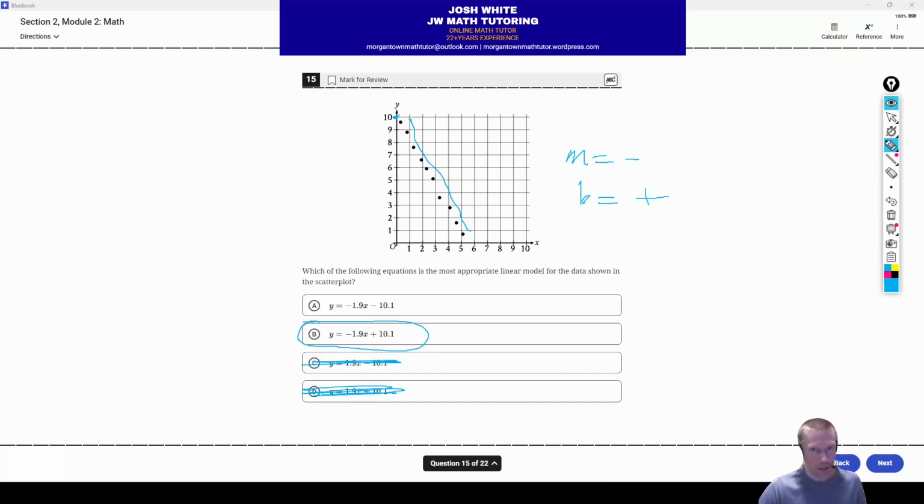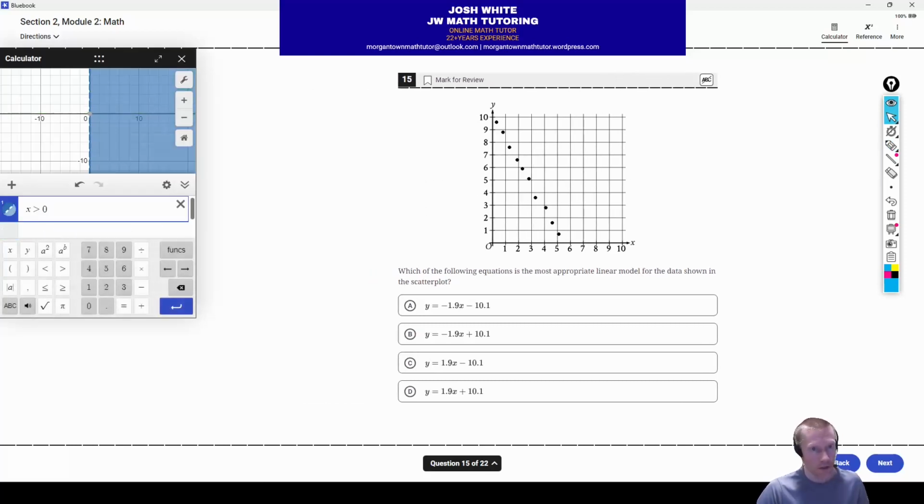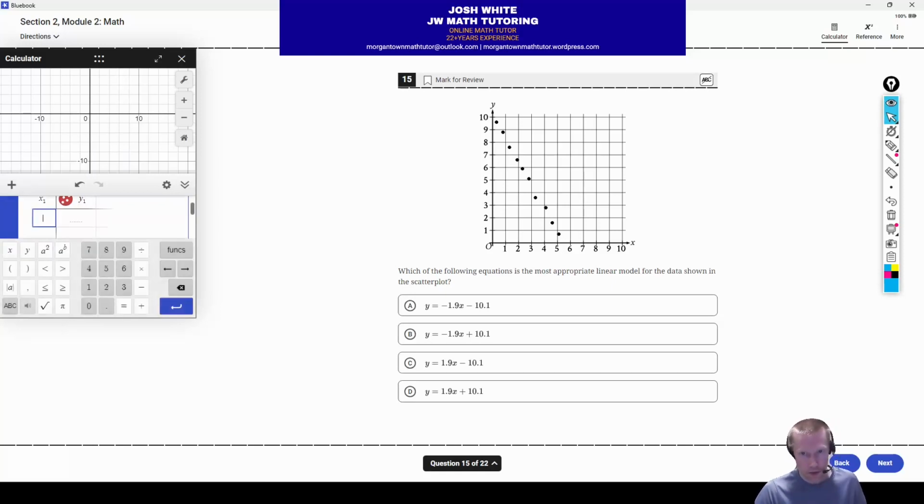However, if you wanted to, you could also go to Desmos, and what we could do is add a table. We could just pick two of the points in here. So, what are some good ones to use? Okay, I'm just going to pick maybe this point right here, and I'm just going to estimate it.